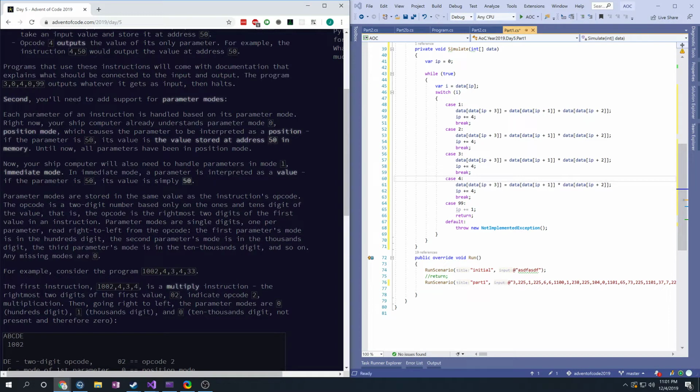Parameter modes are values from the opcode number, base... the rightmost two digits are the opcode.